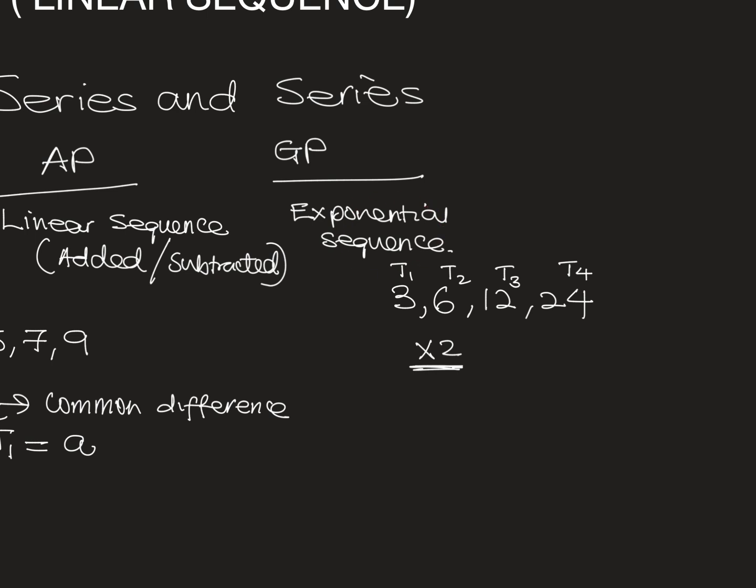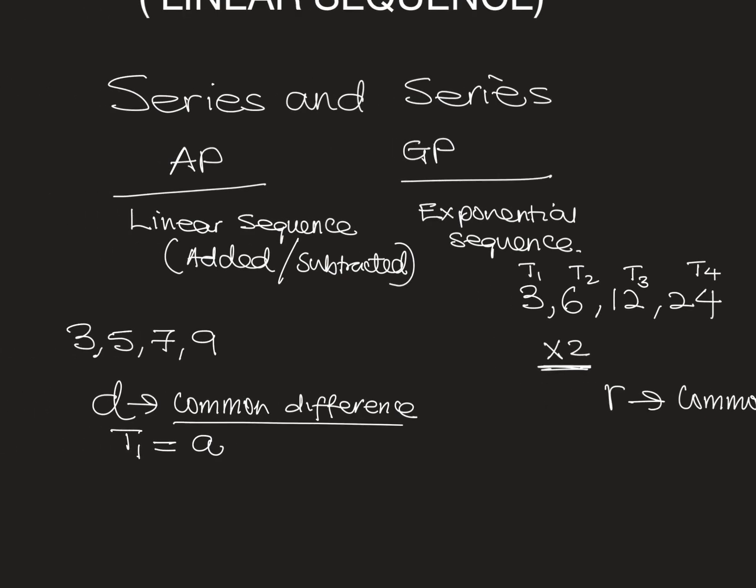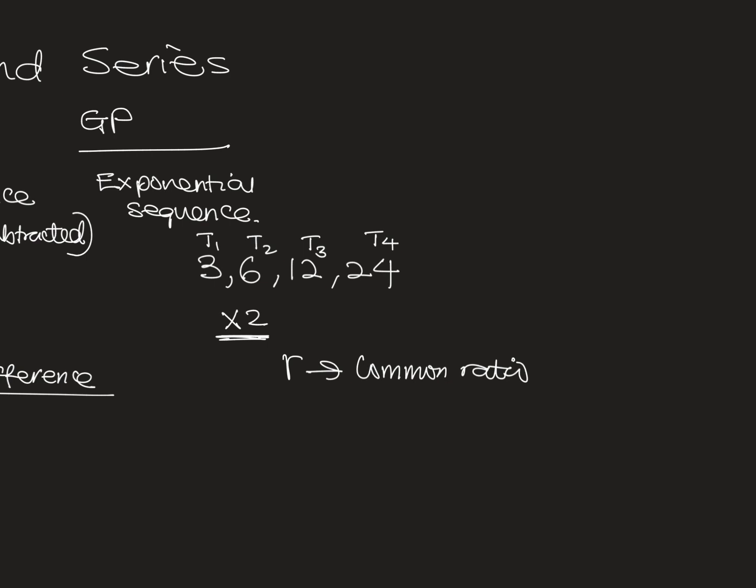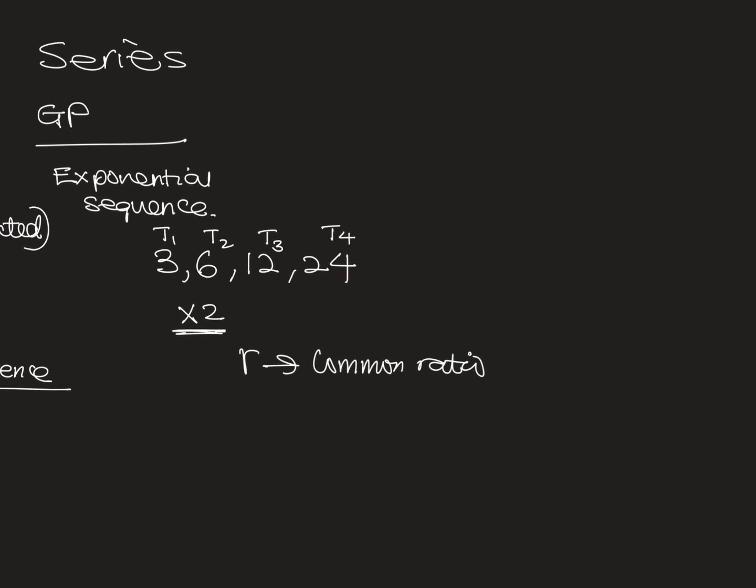And here, the constant value by which the numbers differ from each other is known as the common ratio, denoted by the letter R. So under arithmetic progression, we have a common difference, but under geometric progression, we have a common ratio.